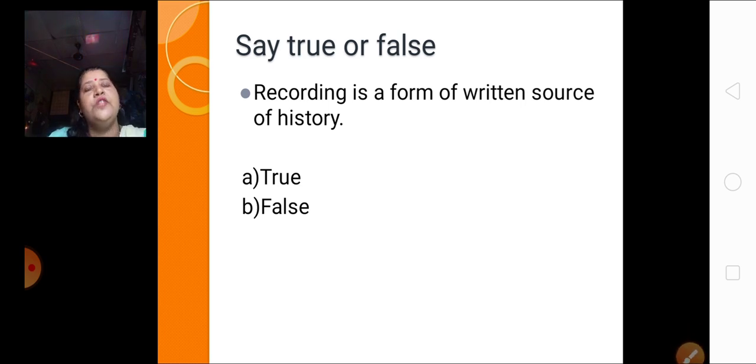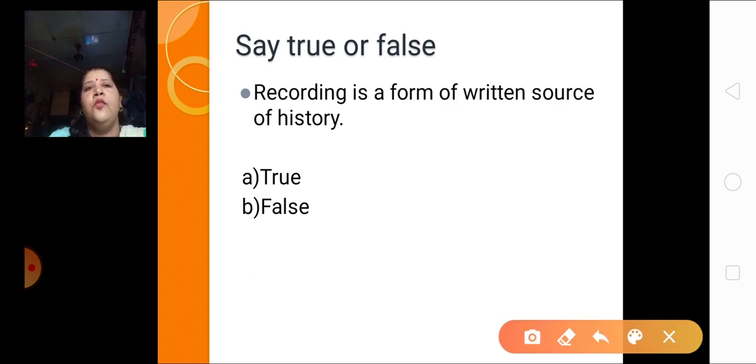Next, say true or false. Now the true or false will come in this format. Recording is a form of written source of history. Is it true or is it false? Yes, it is false. Why? Because recording is not a form of written source. It is audio, so it is an oral source.